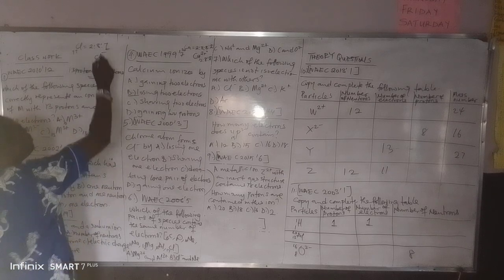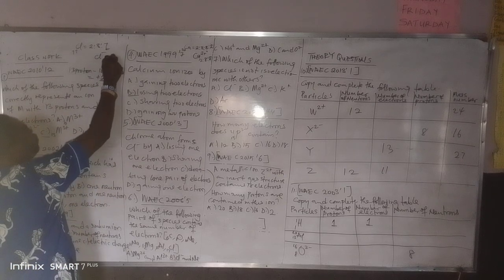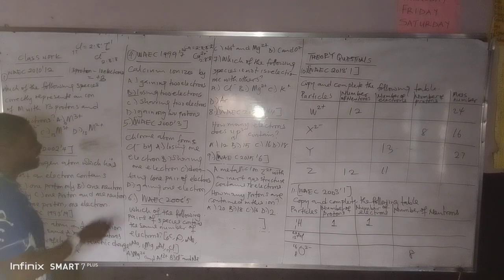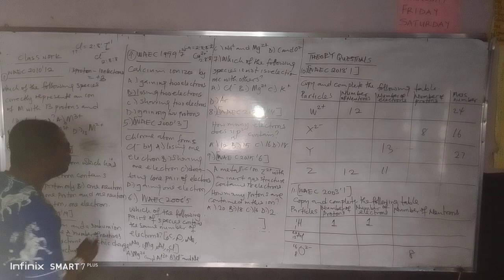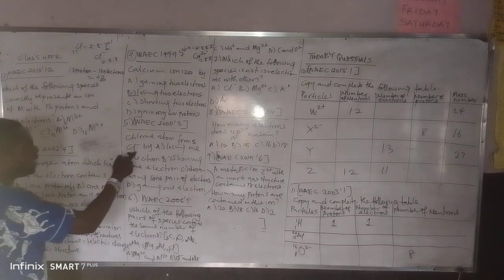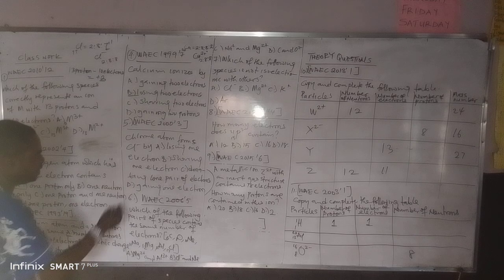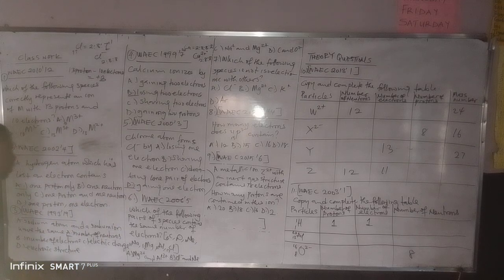So the conclusion is now 2, 8, 8, because it has borrowed 1 to this 8. So it has taken 1 electron. So chlorine atom forms chloride ion by gaining 1 electron. That's option D.